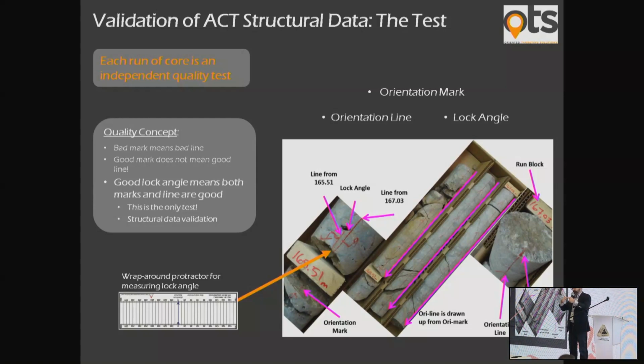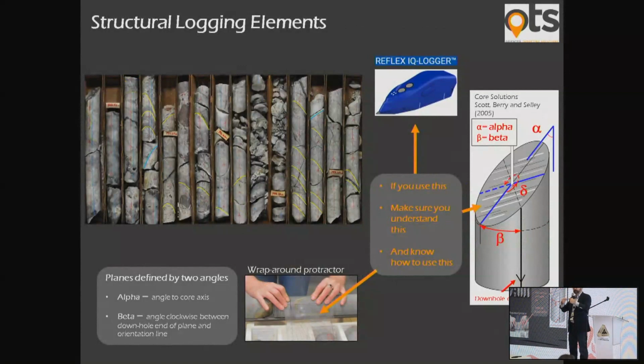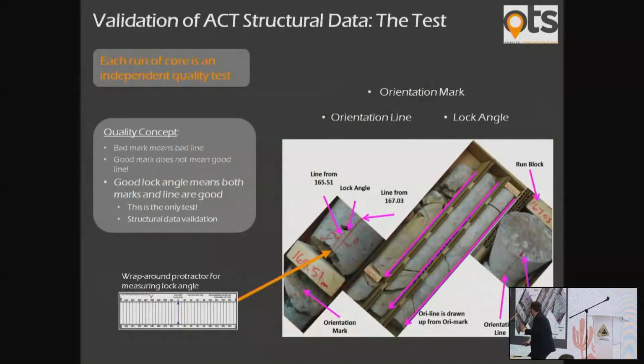It can be calculated as 1 in 360 degrees, about a 0.2% probability. So it's a very small probability that these two would match up. Every time you drill a new run of core, it's a new test from the quality perspective.